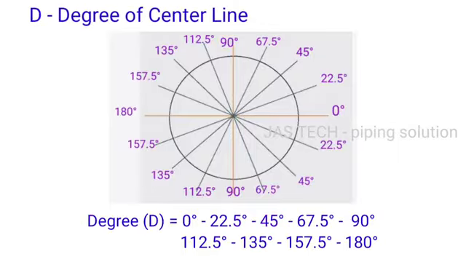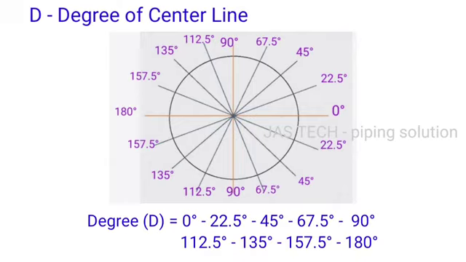Next one, D, the degree of center line. Our branch is equally divided into 16 parts, so one side 8 parts, another side 8 parts.